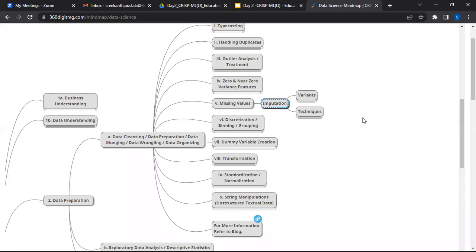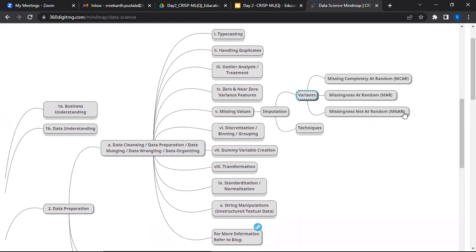So we have missing values. The process is called imputation. Missing completely at random, we call it MCAR. So we have the data, and maybe because of a manual error, certain values will be missing.